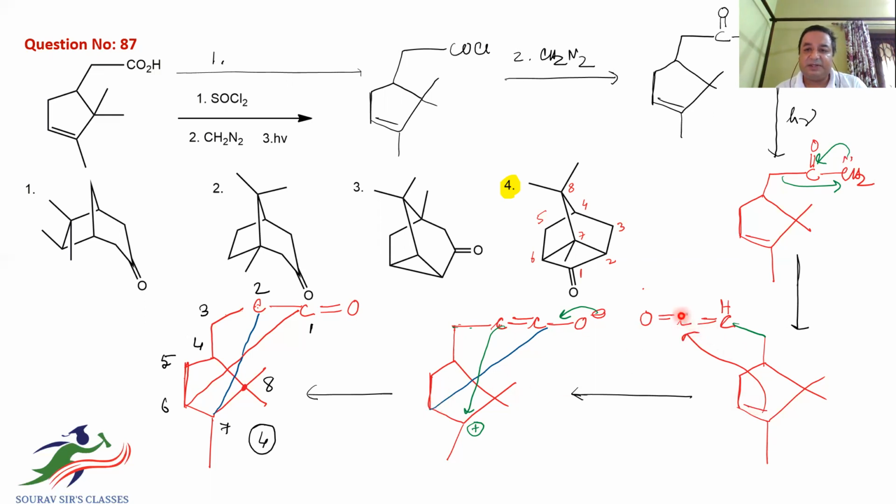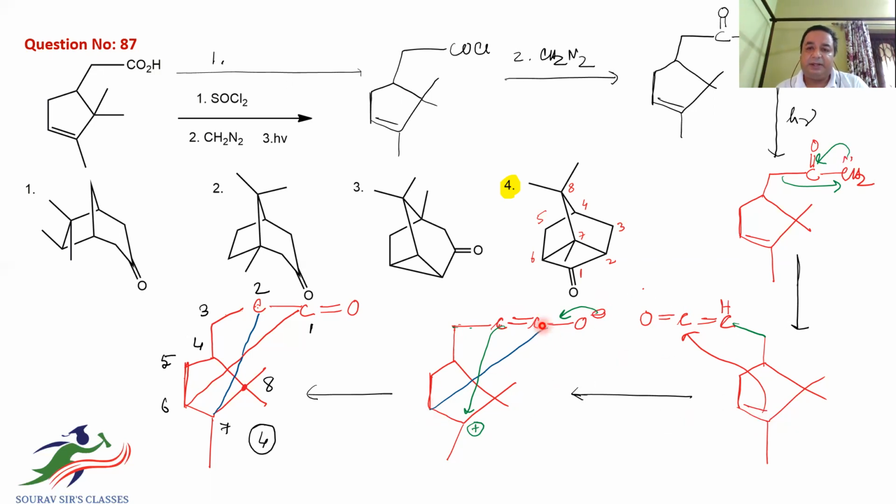So if this is attacking here, then the C double bond O will break up, with formation of a minus charge here. The C double bond is intact. And the attack will take place in such a way that the most stable carbocation is formed. So if there's a possibility of plus charge here and here, then this is where the plus charge will be generated. So this carbon will be joined to here.